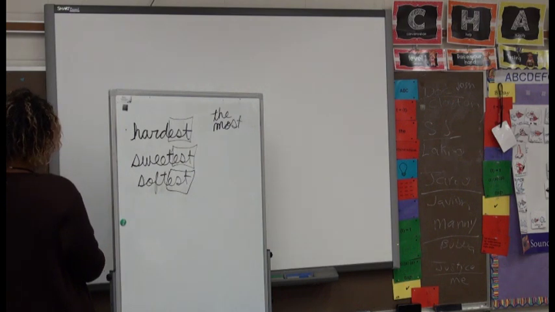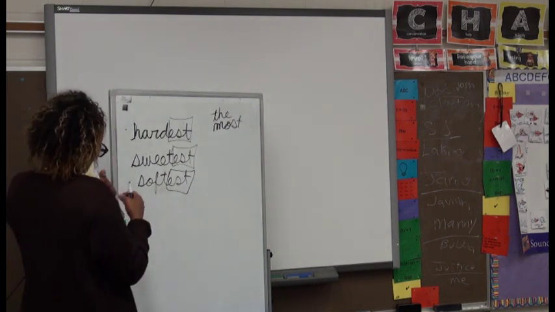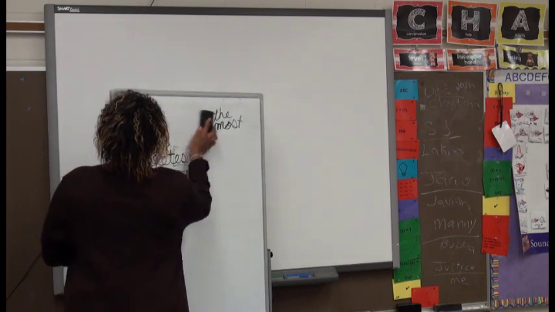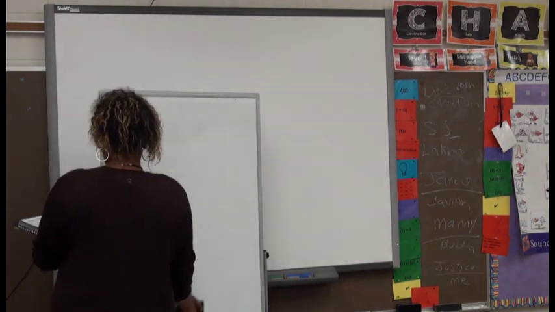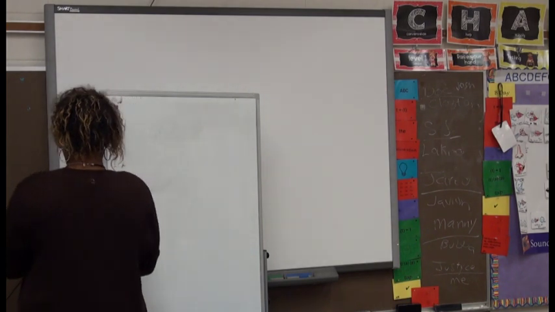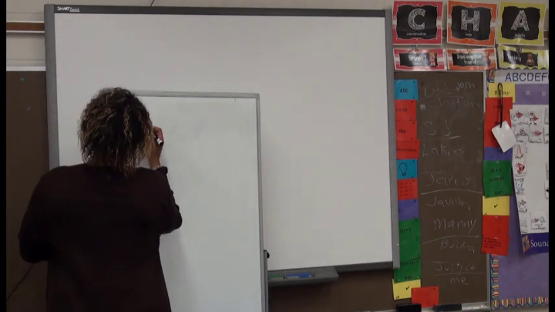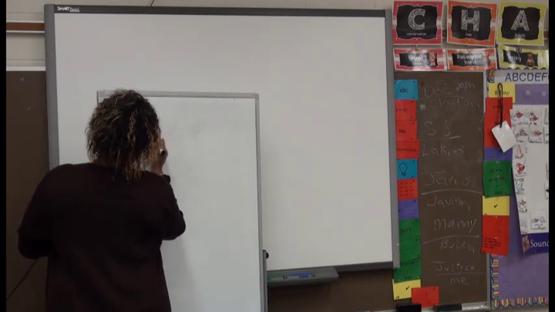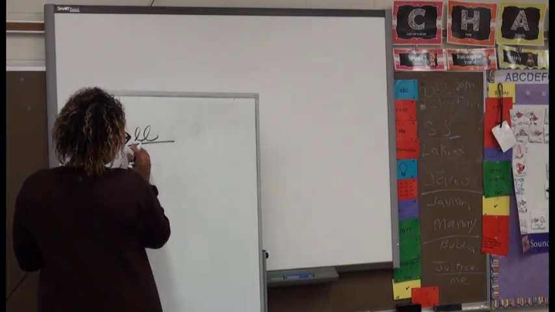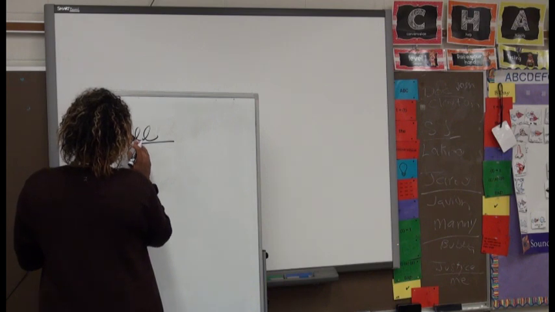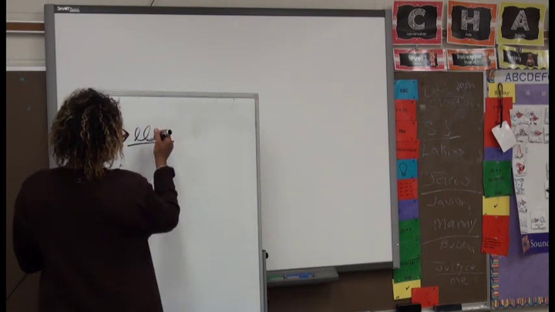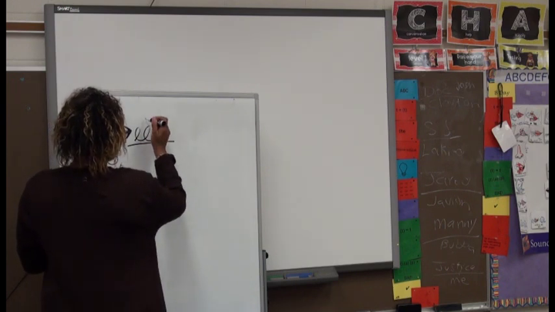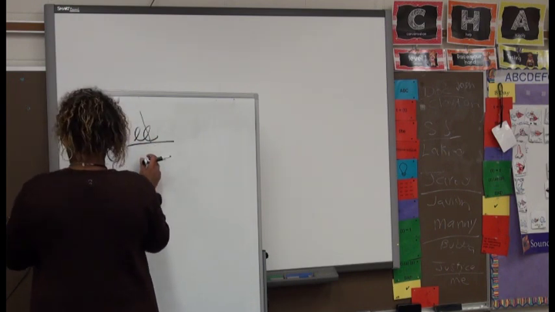Okay, now we're going to go to your paperwork and we're going to code. Before we code, let me review some things with you. Remember digraph EE, we have adjacent like letters, and we know that they both sound the same, and we cross out the last one.